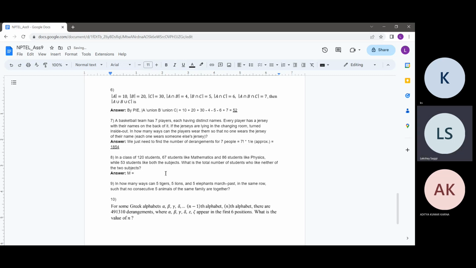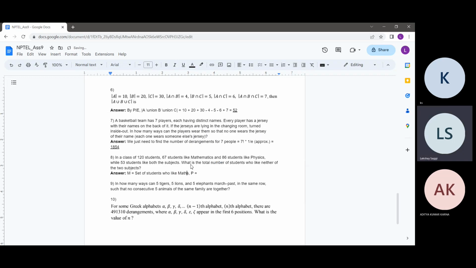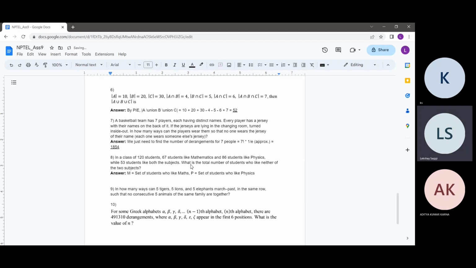Okay, so let's say M is the set of students who like maths, and P is the set of students who like physics, right? So what do I know?